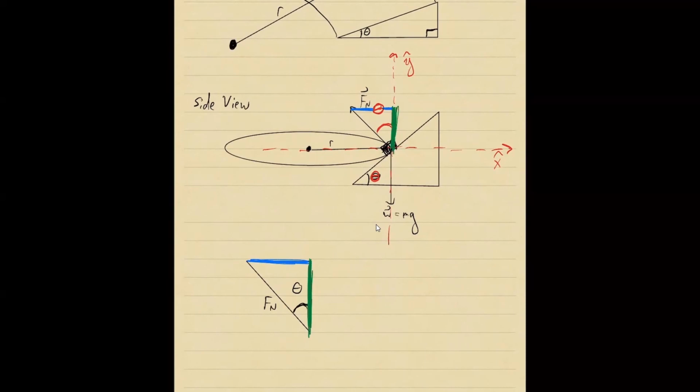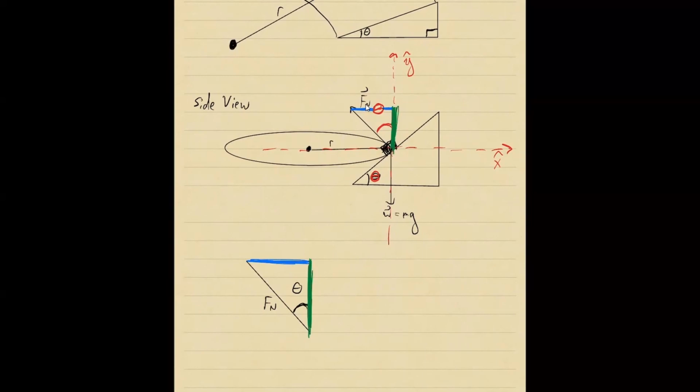The reason I bring that up is because there's a component of our normal force that points in the x direction. So the x component of our normal force is going to be pointing towards the center of our circle. In this particular case, the thing that is providing the centripetal force for our problem is this x component of our normal force.